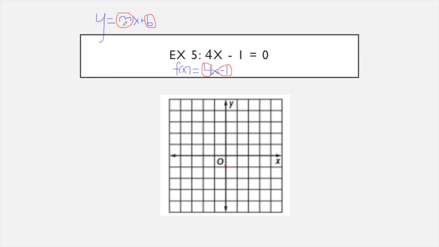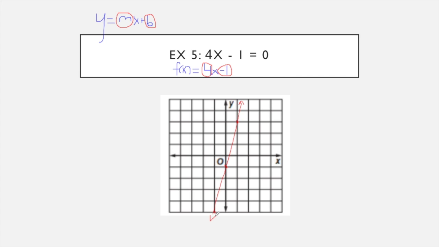My slope is 4, so from here I can go up 4. 1, 2, 3, 4, and over 1. So I get this point right here. Now from there I can use these two points to draw my graph. So I'll draw an arrow, and we know it's going to go through here, just like that.